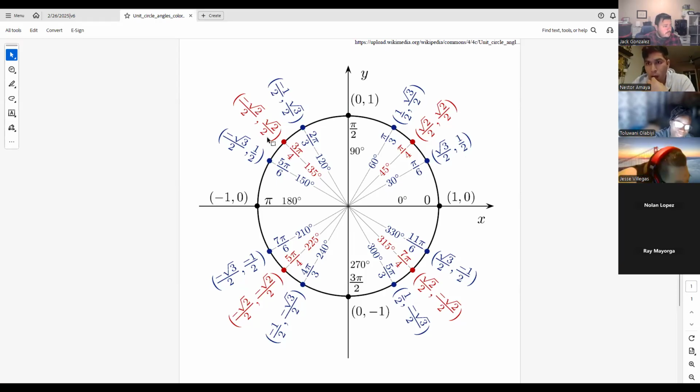Where's my pencil? All right. So 45 is right there. So negative 45 is the same distance, just going down here. So the location is actually 315 for the coterminal angle.